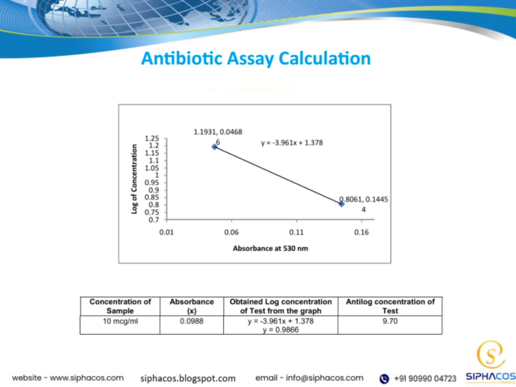By doing this, we can ensure the antibiotic meets the required standards and is safe for use. Remember, accurate calculations are key to maintaining quality control in pharmaceutical development. This ties back to our overall goal of ensuring efficacy and safety in antibiotic production.